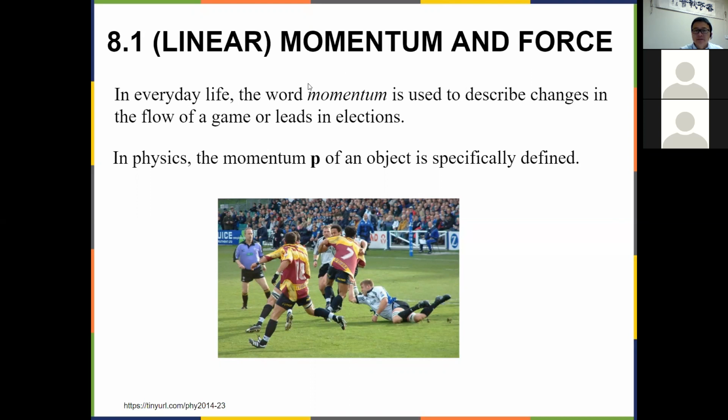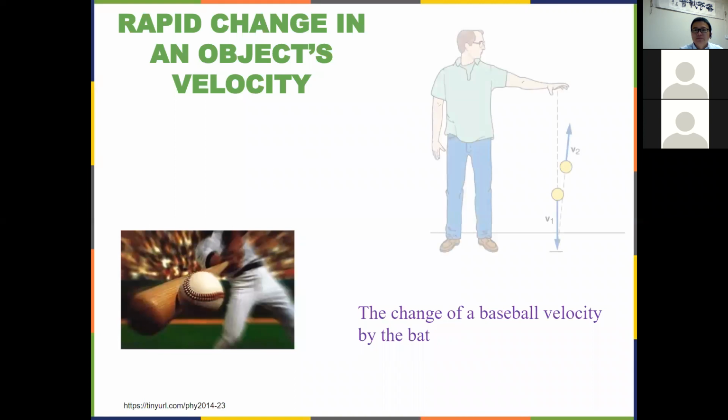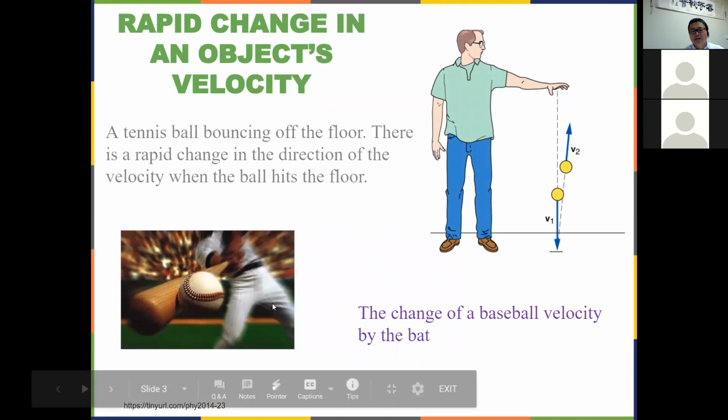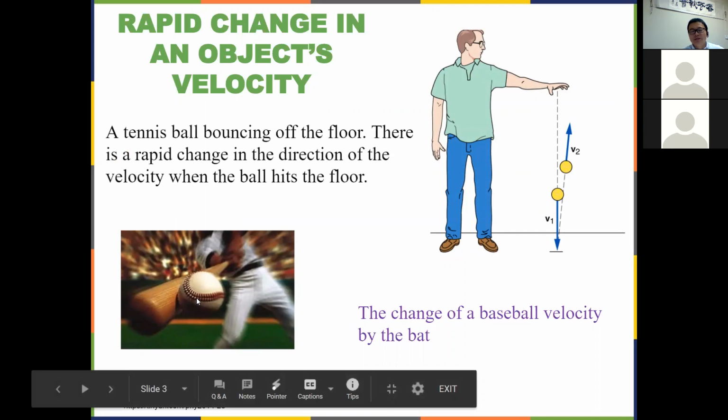All right. To start with, we'll look at a couple of events that involve the velocity of an object changing rapidly. For example, if you are watching a baseball game, you usually see the batters hit the baseball very hard. The baseball comes in one direction, and after it's hit, it goes in the other direction.